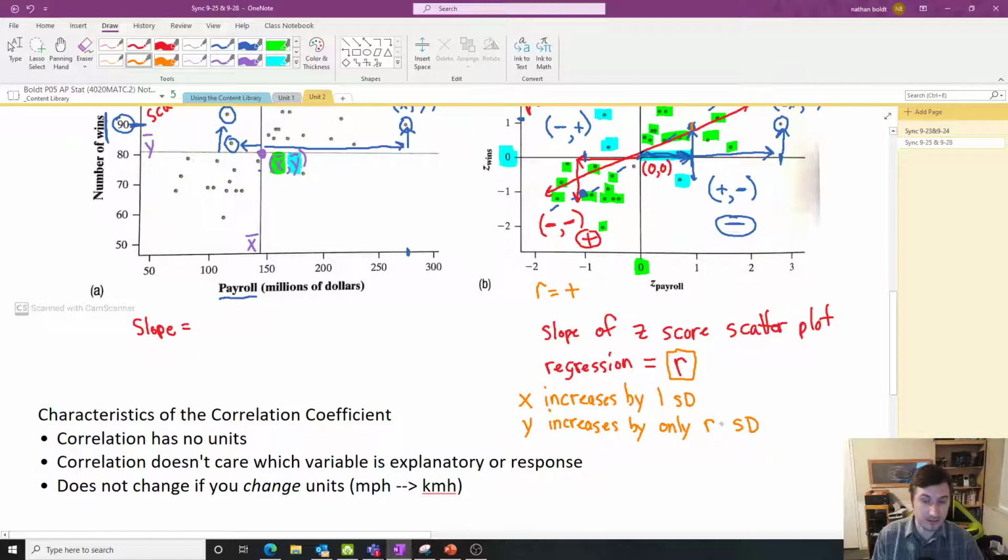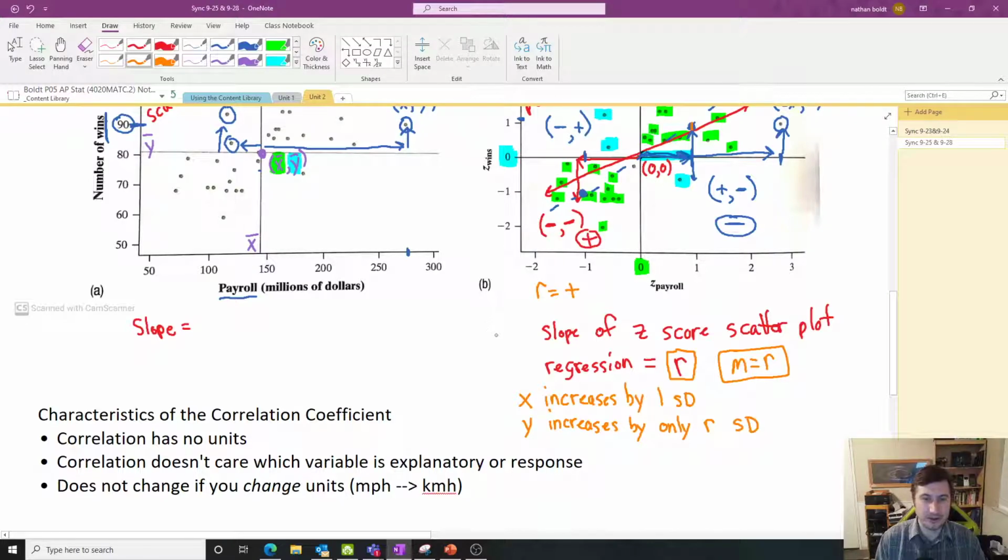Remember, r is a little bit less than 1. It doesn't quite go up as much. It's not as perfectly correlated, which is why this is basically a fancy way of saying rise over run, right? If I go over 1, I only go up r when r is slightly less. So here my slope is equal to r, with the invisible 1 underneath the r, that's the x going up by 1.